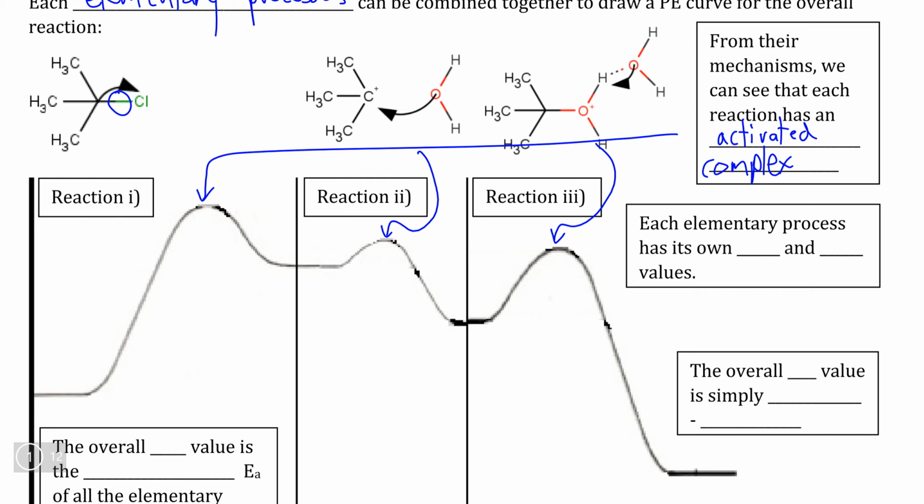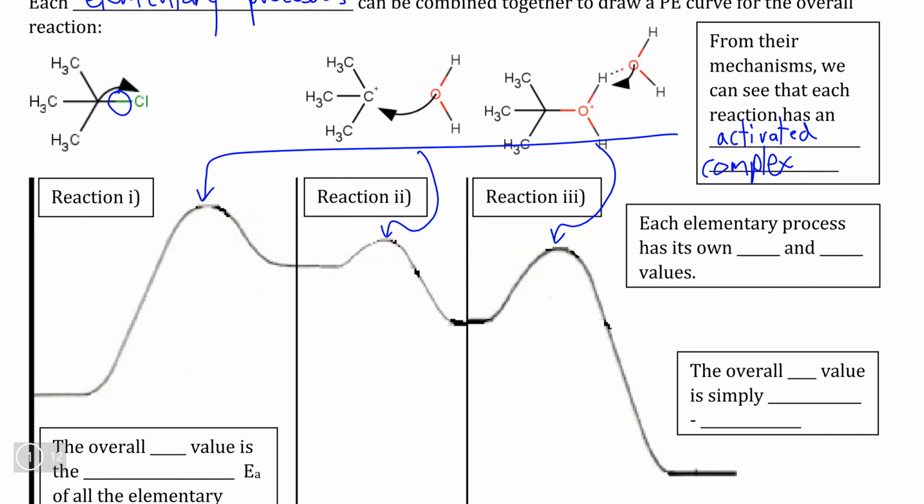In step 2, the activated complex is when water collides with this positively charged carbon here, and in our final reaction, the activated complex is where one water molecule is colliding with the hydrogen here and removing it, which would give us our final product.